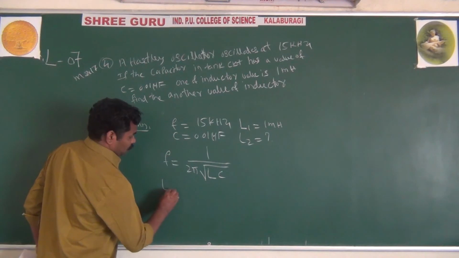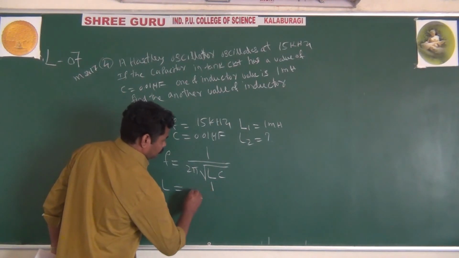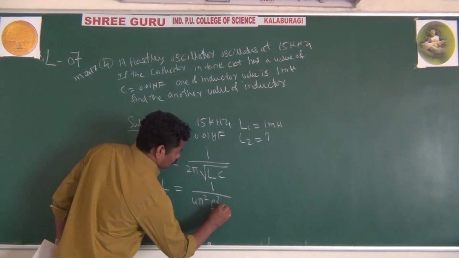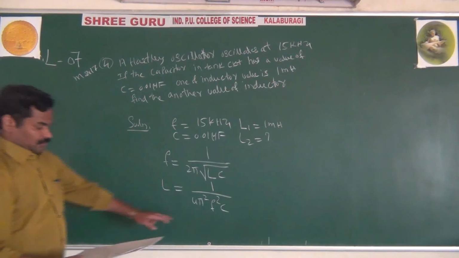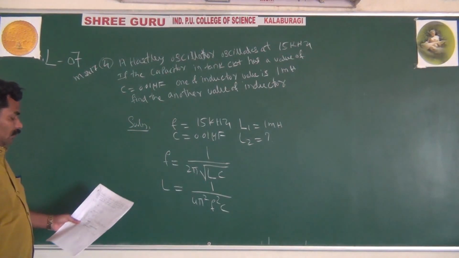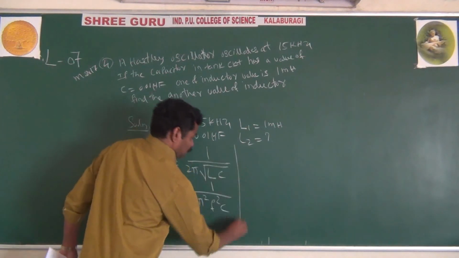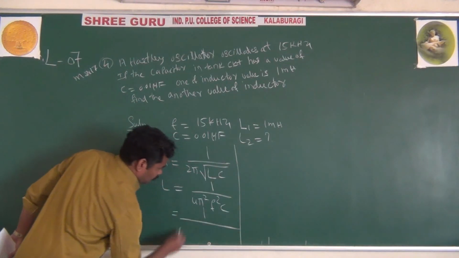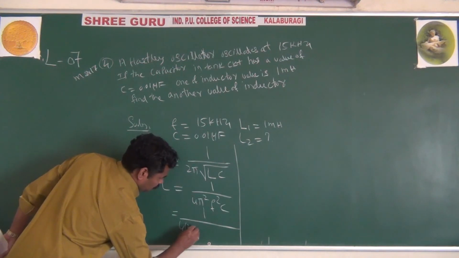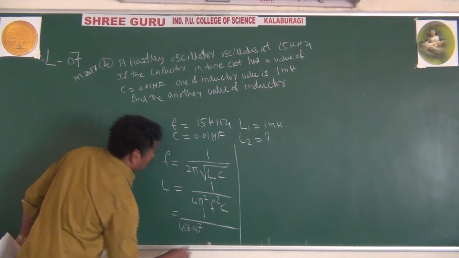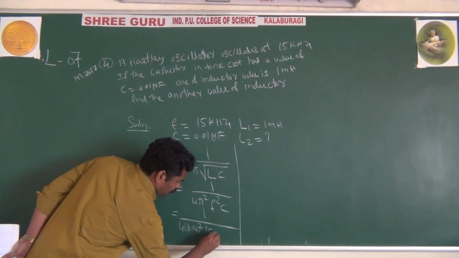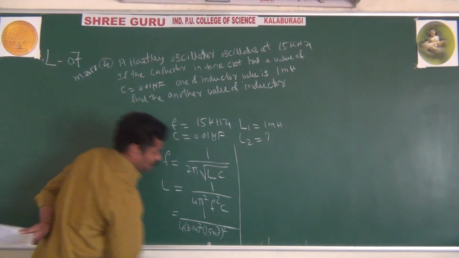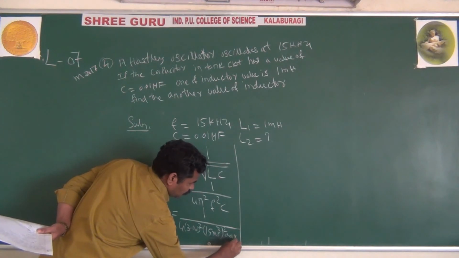After squaring we will get L is equal to 1 divided by 4 pi square f square C. Here we only have to substitute the values, that is 1 divided by 4 into pi value 3.142 whole square, and f square is 15 into 10 raised to 3 whole square, and into the capacitor 0.01 into 10 raised to minus 6.